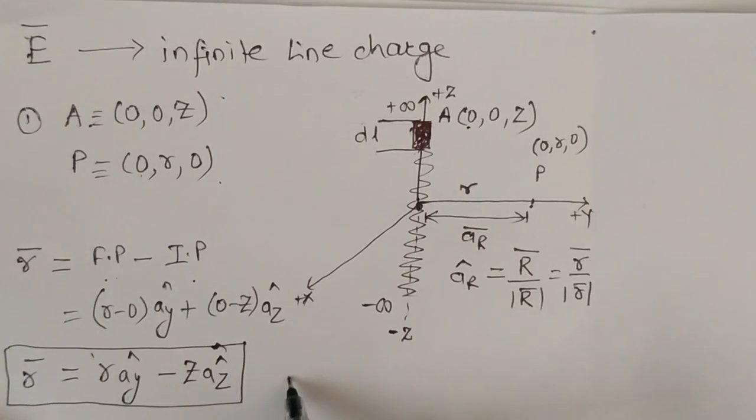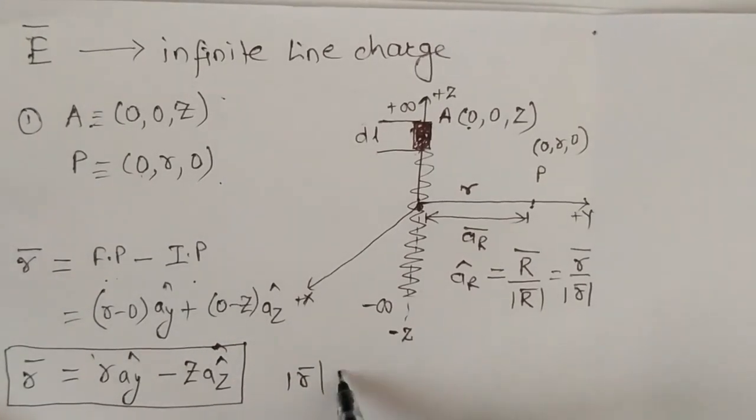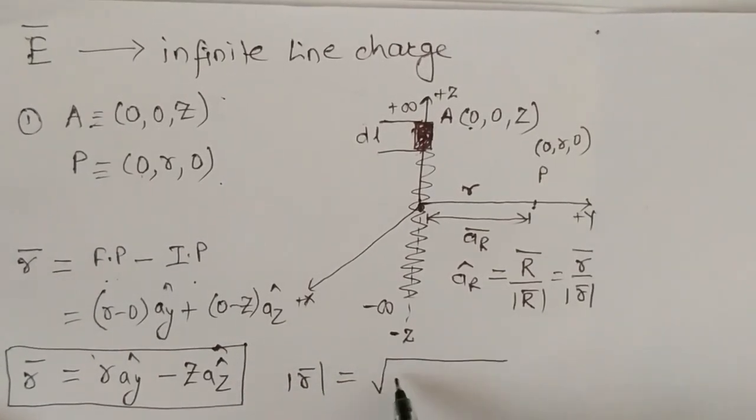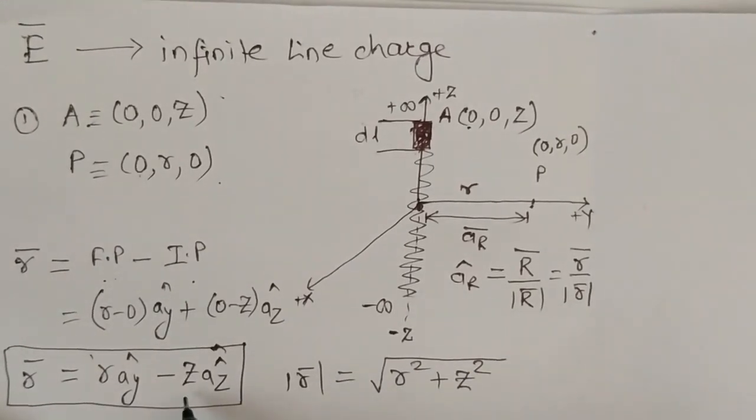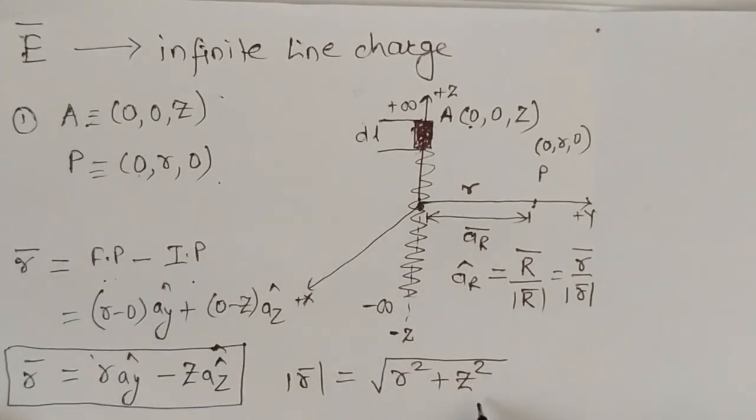Now from this we can calculate the mod of r bar also, which is equal to the square root of r square plus z square, sorry, minus z square, it is equal to plus z square.